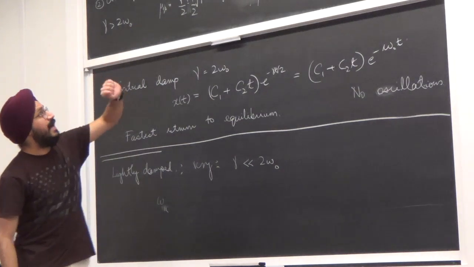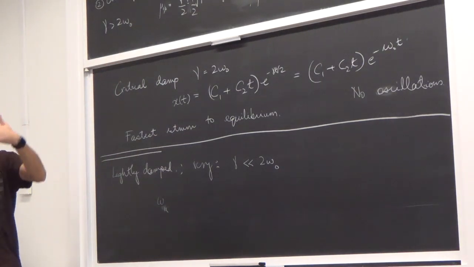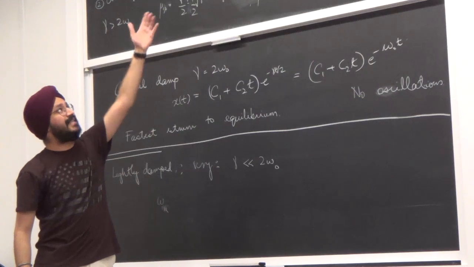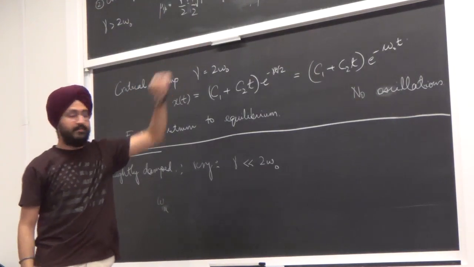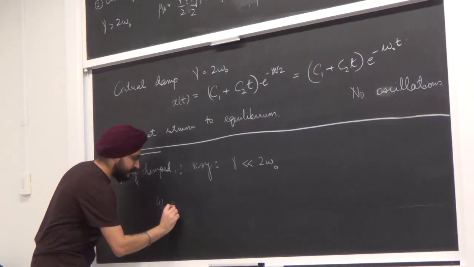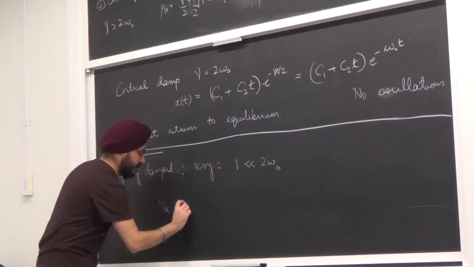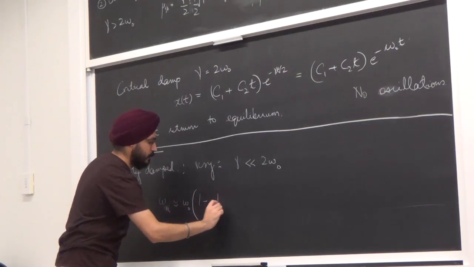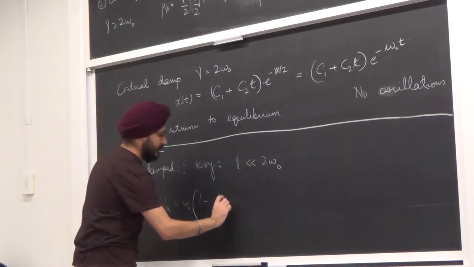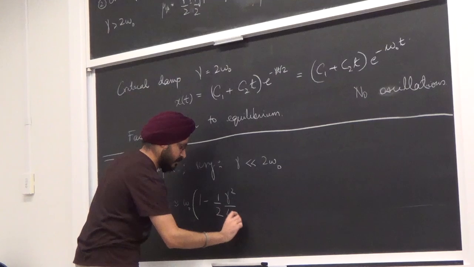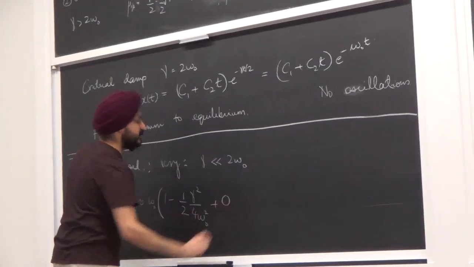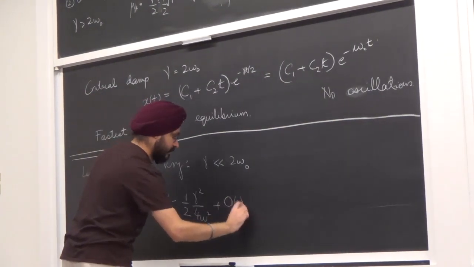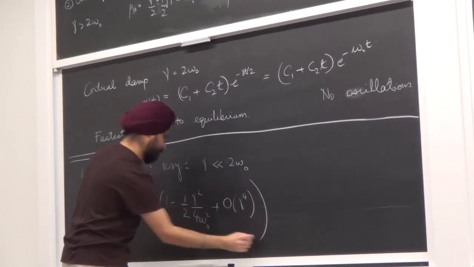Omega u is up there. I can binomial expand my square root, because gamma is much, much less than 2 omega naught. And therefore, omega u is approximately omega naught times 1 minus 1/2 gamma squared over 4 omega naught squared, plus some terms which are order gamma to the 4th.